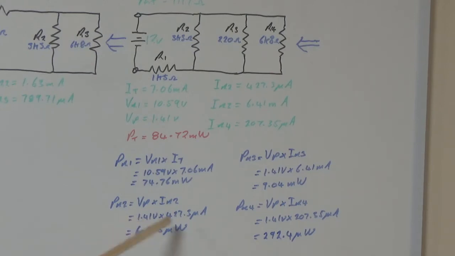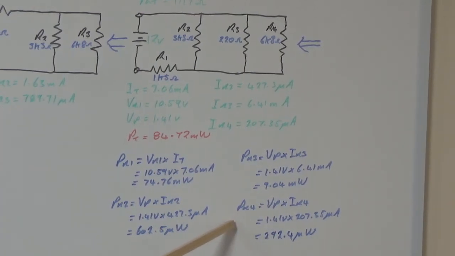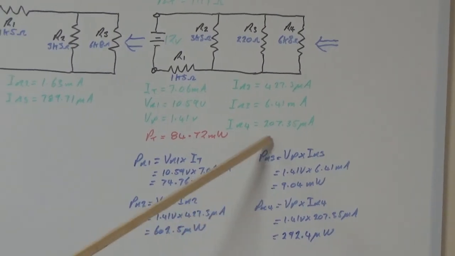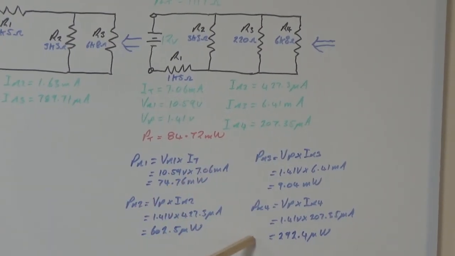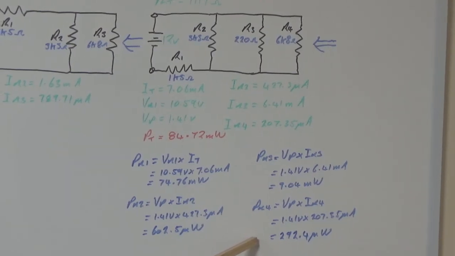So 1.41 times the current through R2 ends up 602.5 microwatts. R3 is 1.41 again times the current through R3, which is 9.04 milliwatts, and the power consumption of R4, again 1.41 times the current through R4, ends up being 292.4 microwatts.